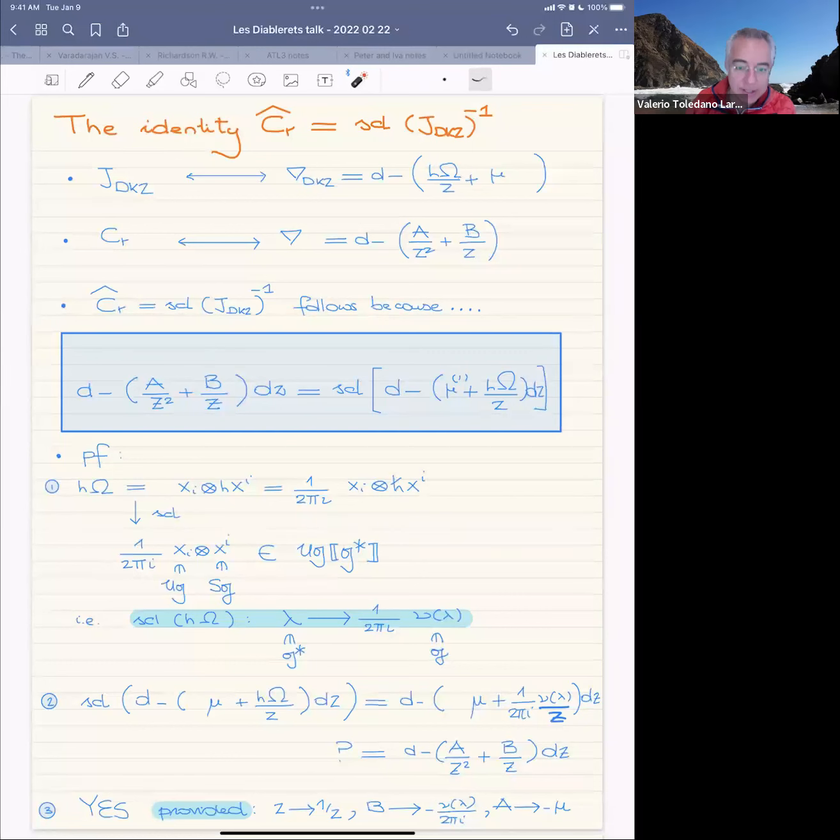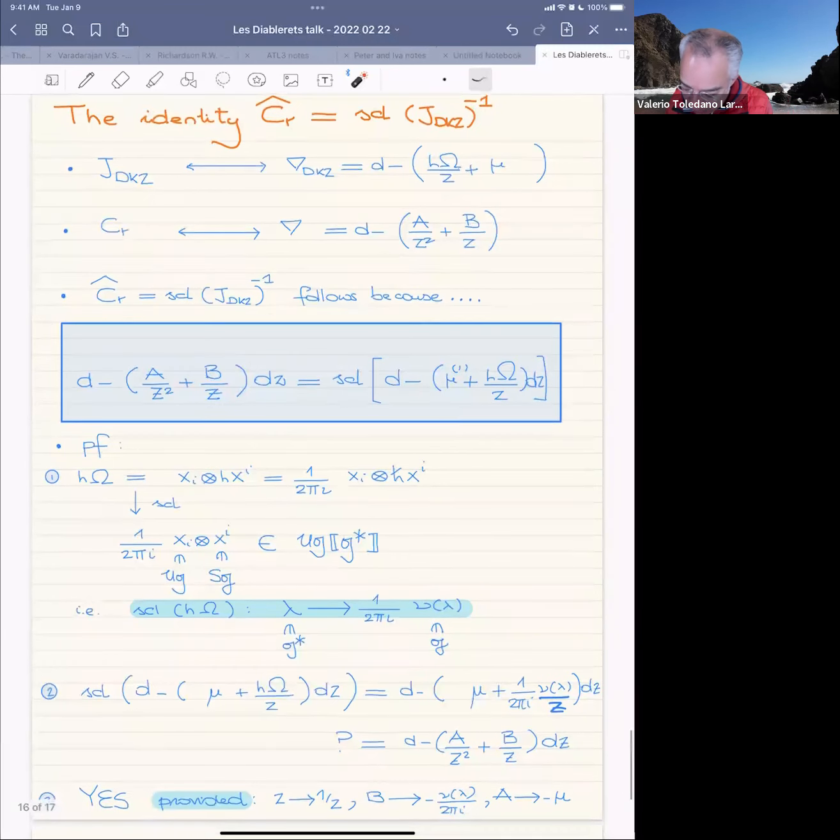Mm-hmm. Yes, yes. So the point is that using the term semi-classical limit is sometimes a little confusing because it also always means you're modding out by h bar, but it depends what you are modding out by. So if you mean what I was doing, which is modding out by U tensor U prime, this is what you get.